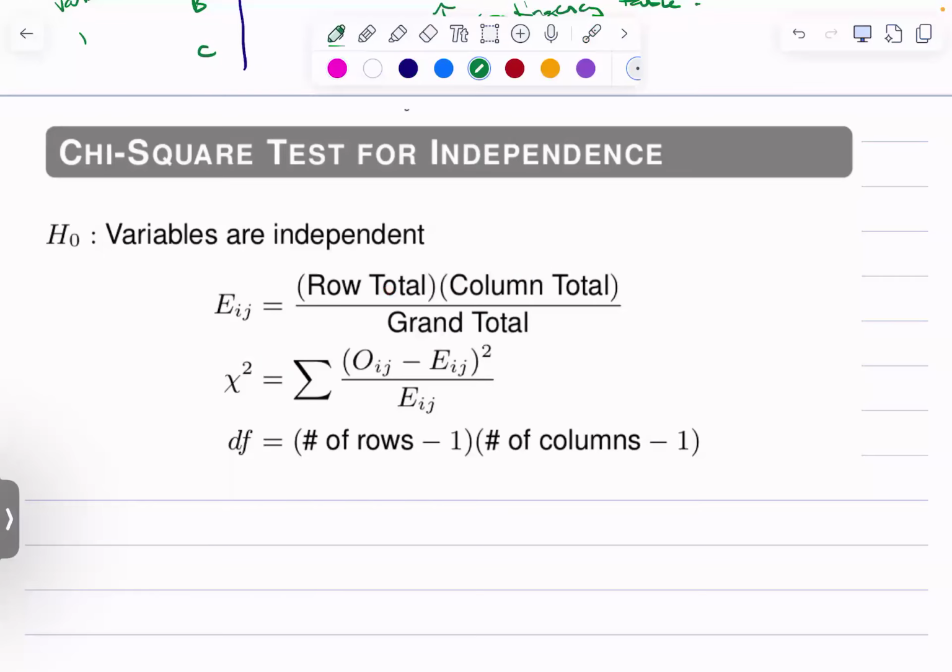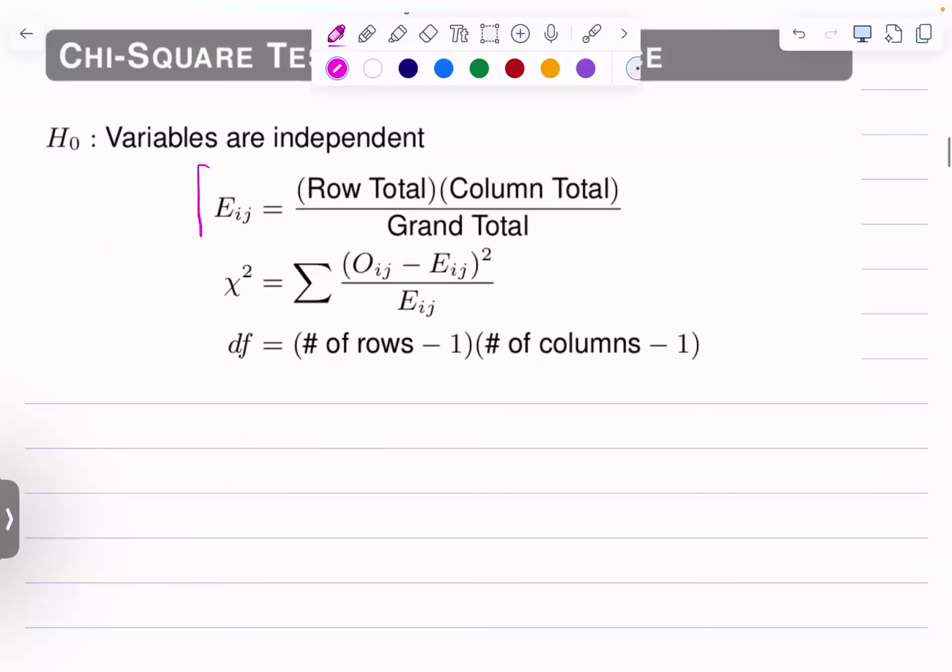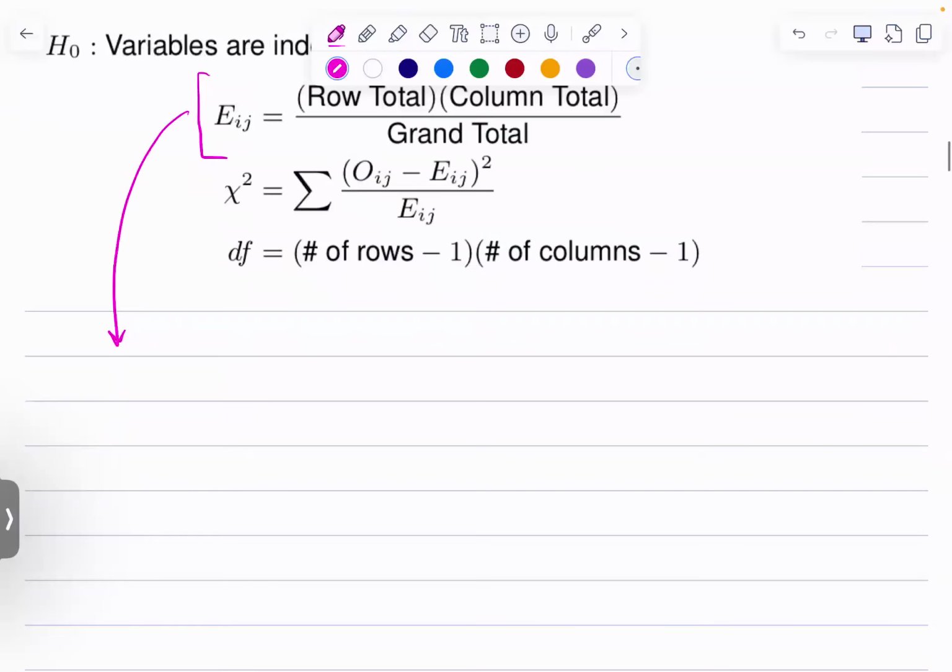Okay? So this is our new way to calculate the expected values for a contingency table.